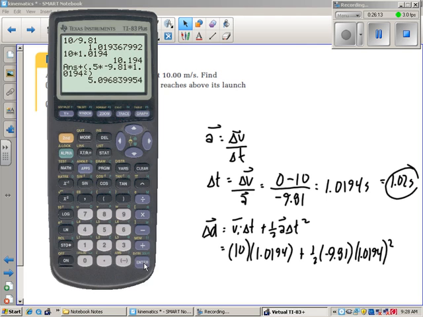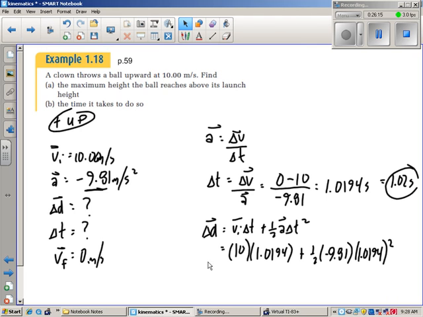We get a value of 5.09 or 5.10. 5.10 meters. Is that good? All right, copy that out if you haven't already.